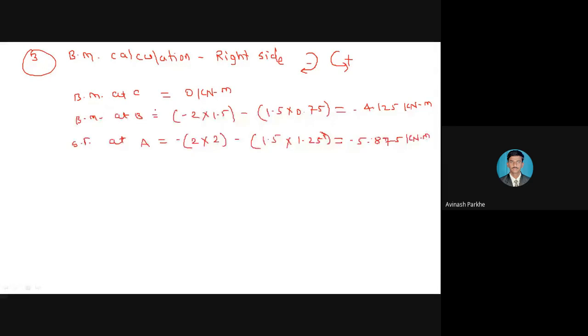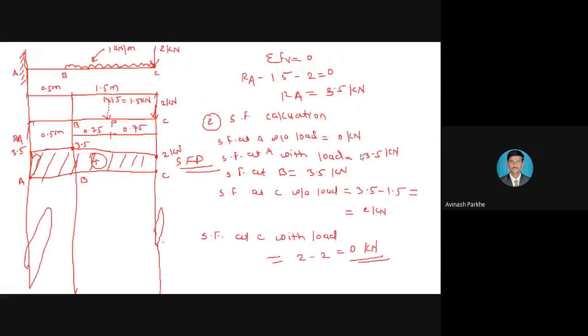At point B minus 4.125. Why will we get a negative magnitude? Because all the moments are clockwise, and clockwise moment we have to represent by the negative sign. Therefore minus 4.125 and another minus 5.875. And by using this, if I draw the bending moment diagram, you will get the bending moment diagram in the negative region only.